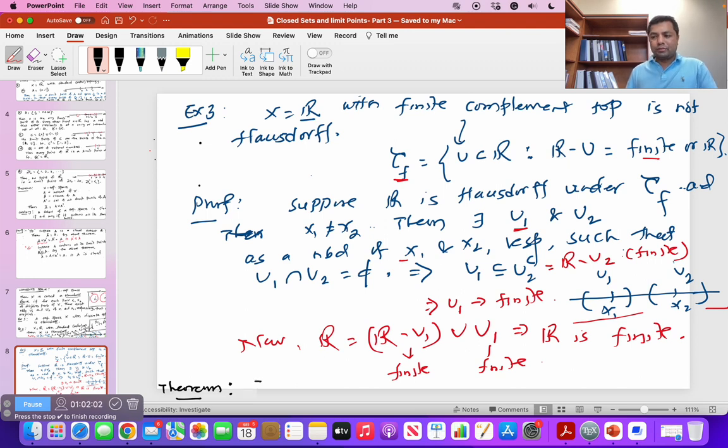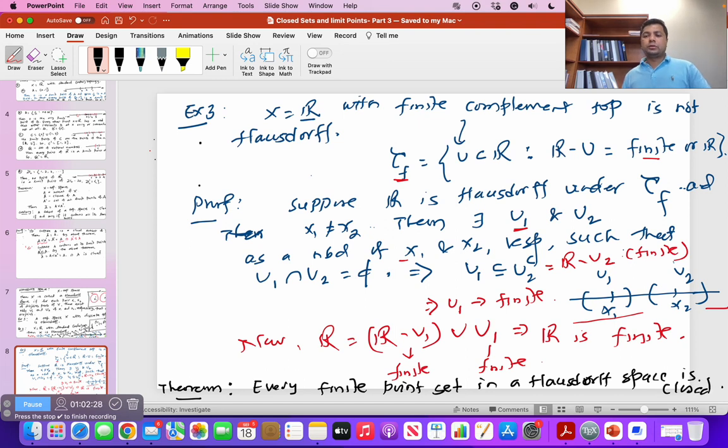This theorem tells us that every finite point set in a Hausdorff space is closed.